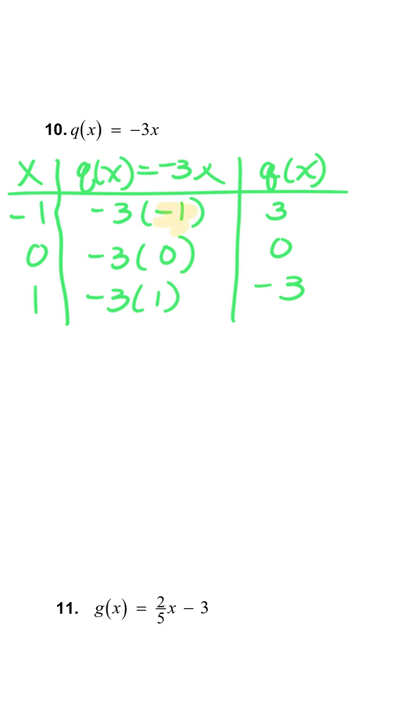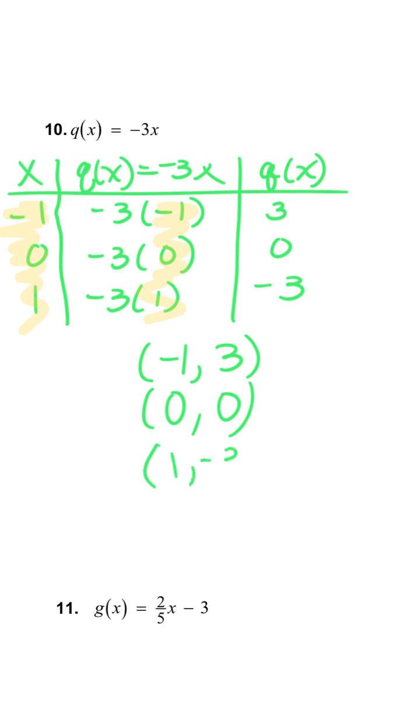All the ordered pairs given from the x that we decided. So what are our new ordered pairs? -1 and 3, 0 and 0, and 1 and -3. So now I'm ready to graph. You don't have to write the ordered pairs. I just like to rewrite them so I can see what I'm graphing.